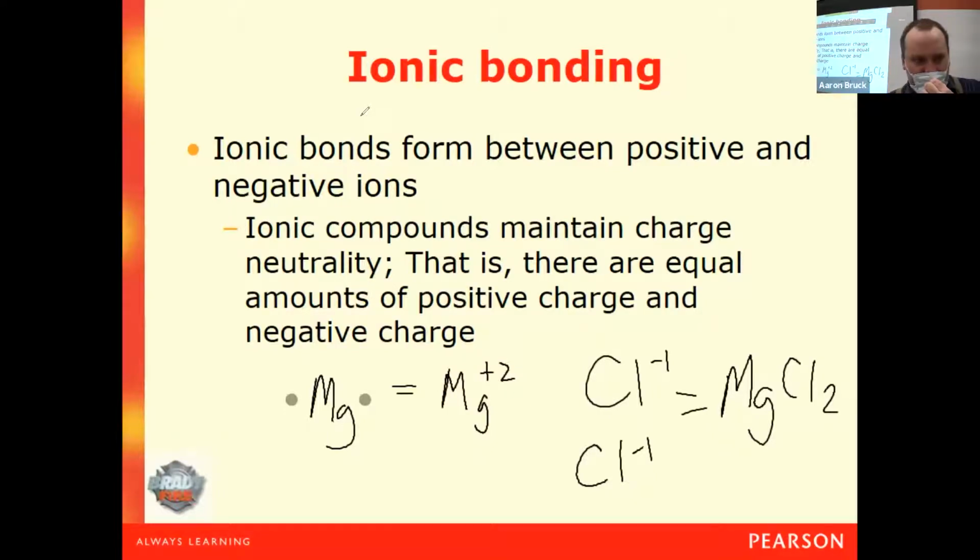So instead, we will see multiple interactions. Instead of 1 atom to 1 atom, we'll see 1 atom to 2 atoms, or 2 atoms to 1 atom, or 3 to 1, or 3 to 2, whatever it takes.